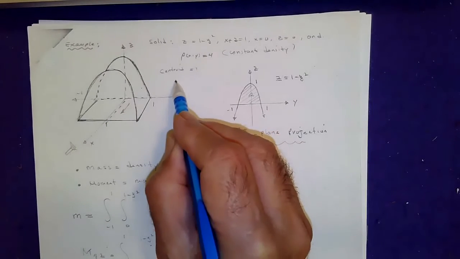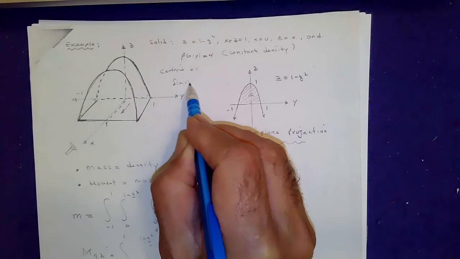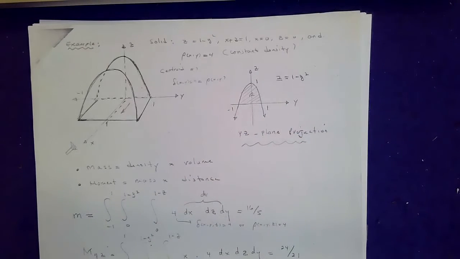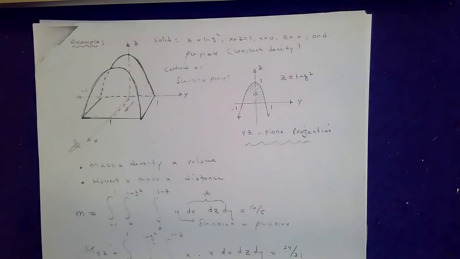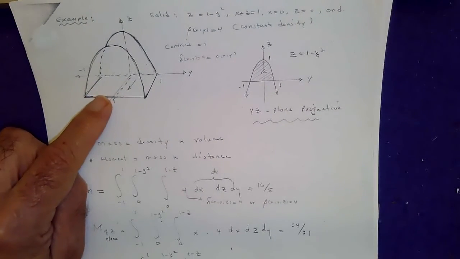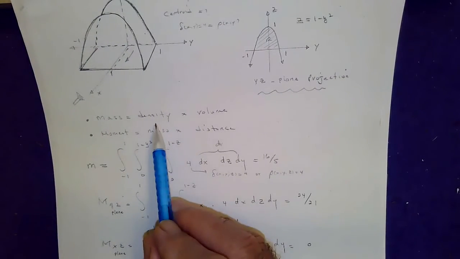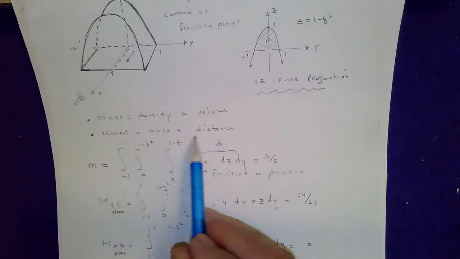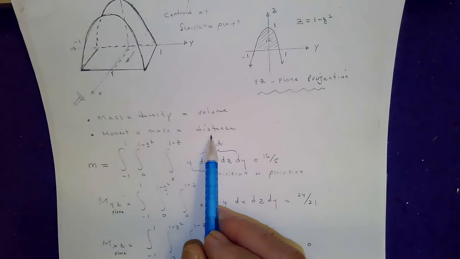As I said, either you use the delta or you use the rho. Either Greek letter is used in physics or mathematics. So this is how the solid looks. In order to find mass, remember for solids, mass is density times volume, and moment is mass times distance.